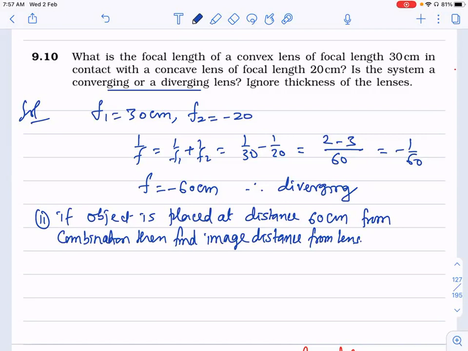What will be your answer? This is the question number 10 of your this chapter.